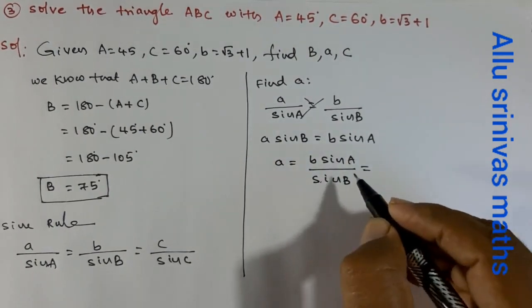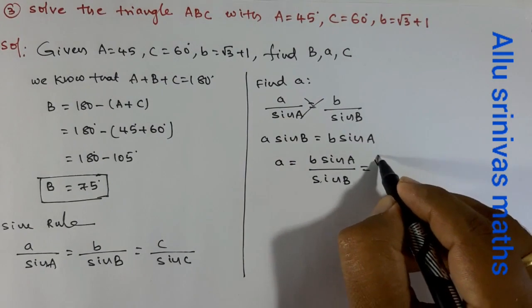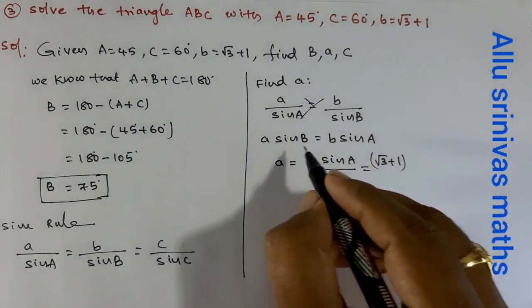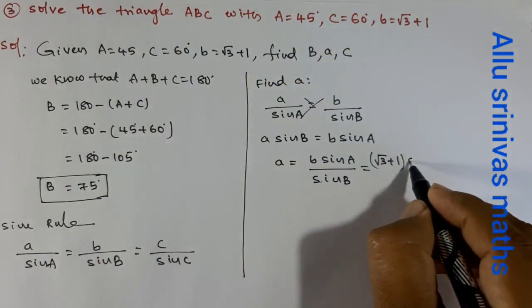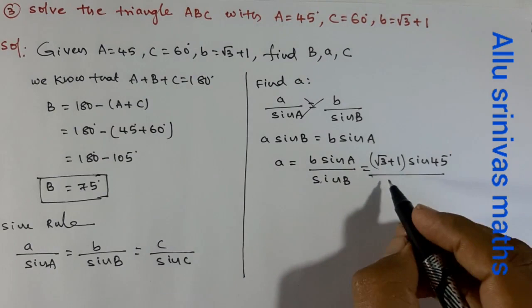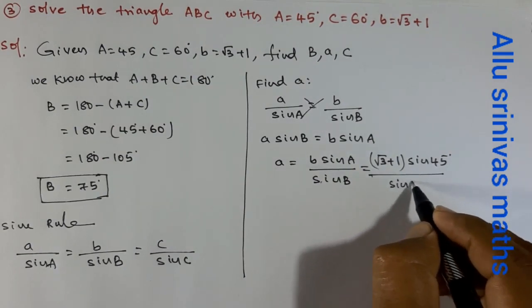Known values substitution in this formula where B is root 3 plus 1 and angle A is 45 degrees, sine 45 degrees, and where angle B is 75 degrees.